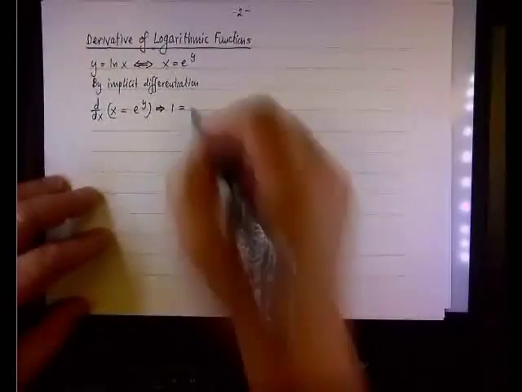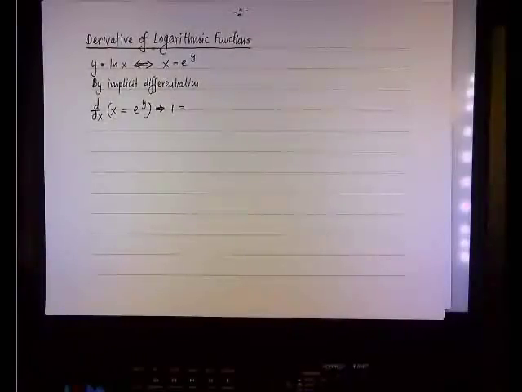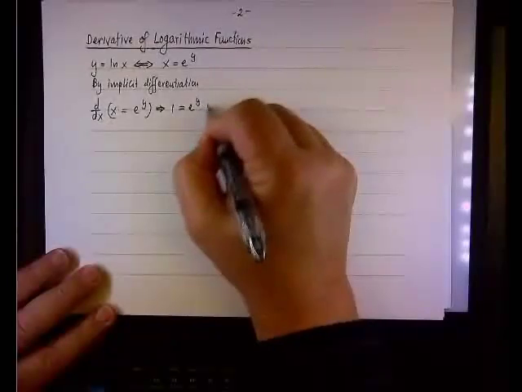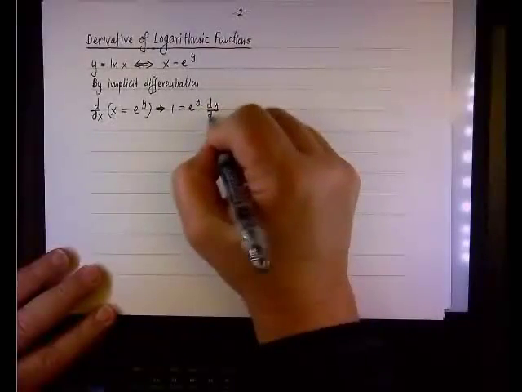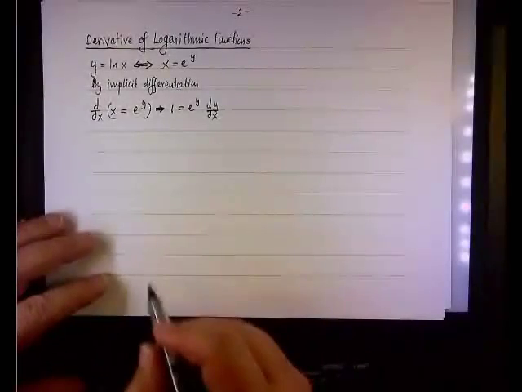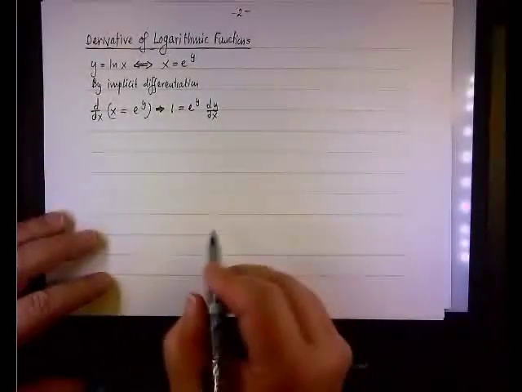Well, if we differentiate with respect to y, it's simply e to the y, and then we have to have the derivative of y with respect to x, so dy dx.